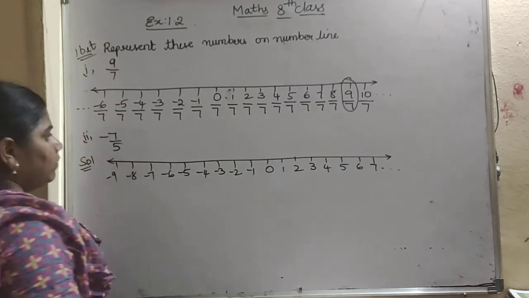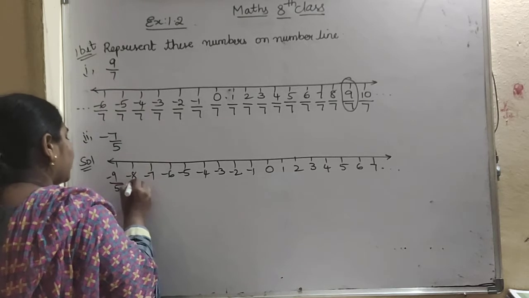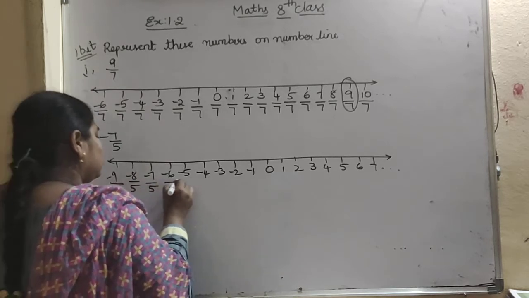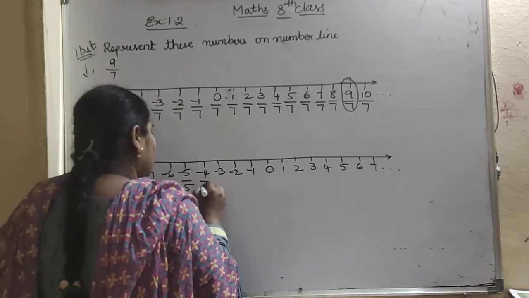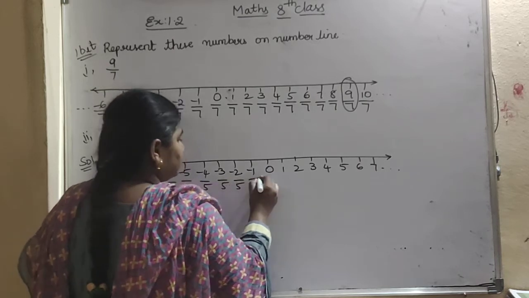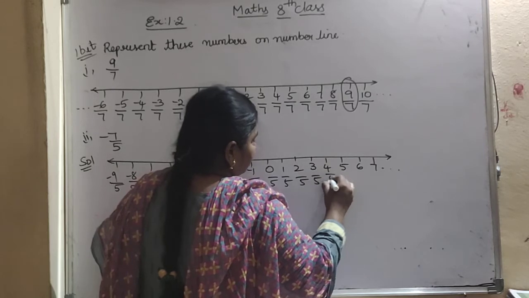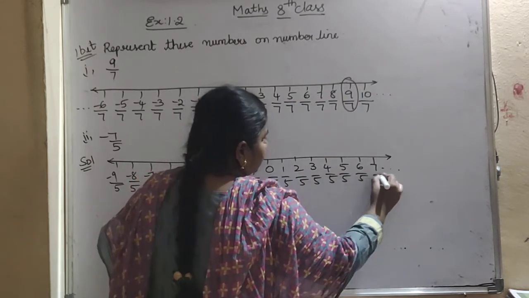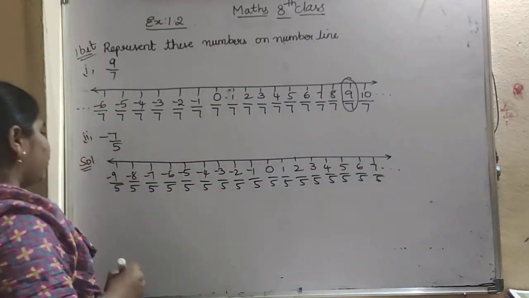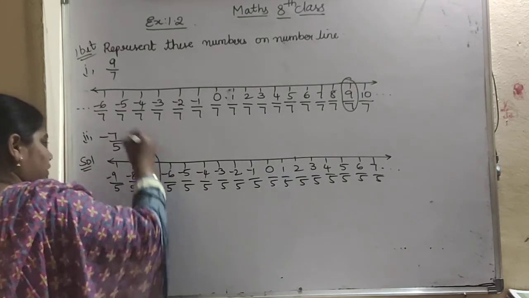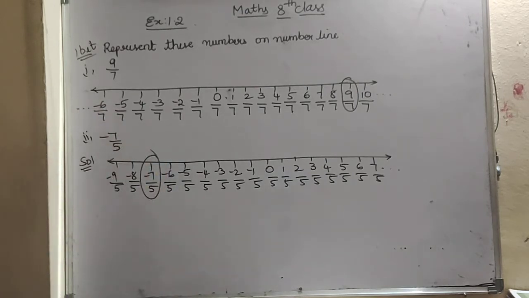Denominator value is 5. So divide all the numbers with 5. So where is -7 by 5? Here. So this is the representation of -7 by 5. So this is our first bit.